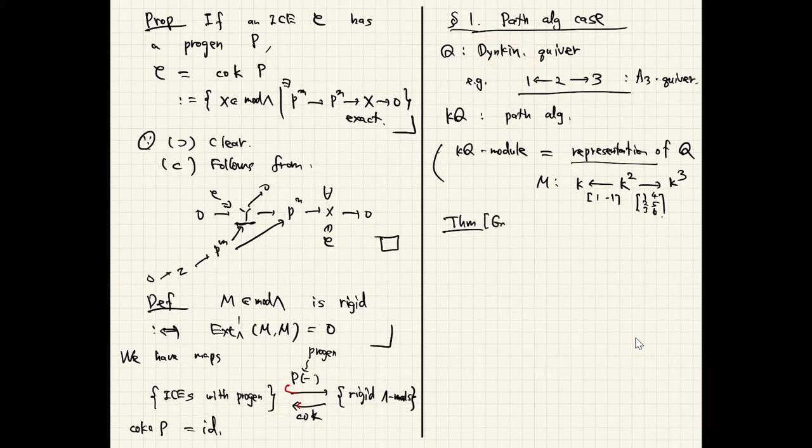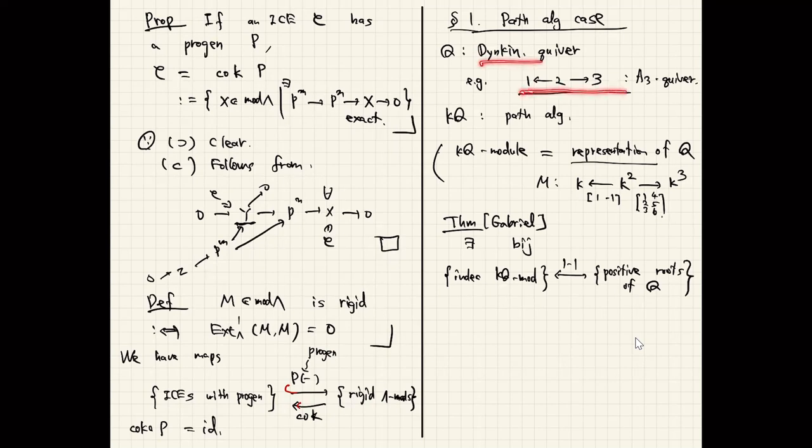There is a well-known famous theorem by Gabriel, which says that we have a bijection between indecomposable KQ-modules, or indecomposable representations of the quiver, indecomposable with respect to direct sum, and positive roots of the associated root system, the root system associated to the underlying graph of this Dynkin quiver.